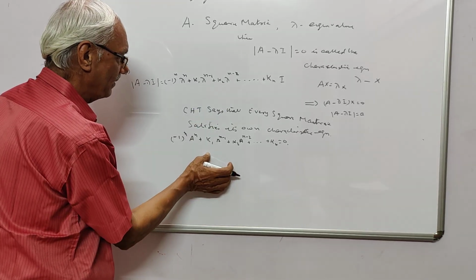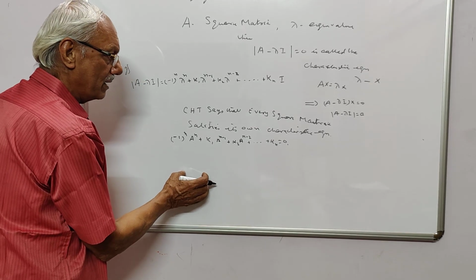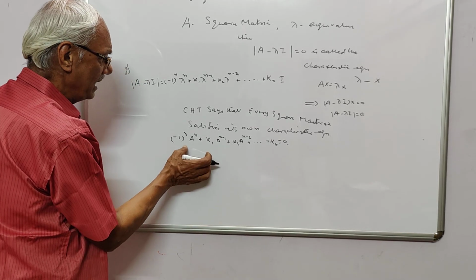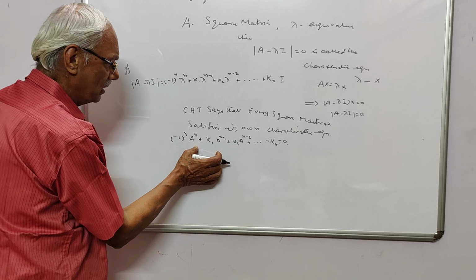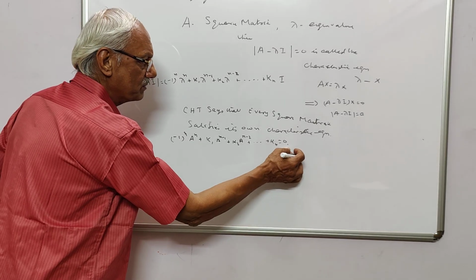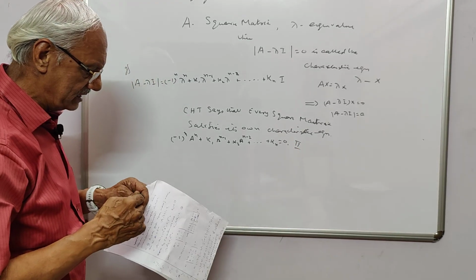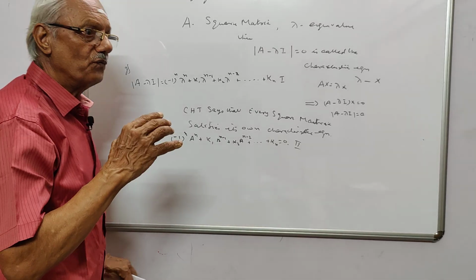So that is what I have written. As per the theorem of Cayley Hamilton, it is minus 1 to the power of n into A to the power of n plus k1 into A to the power of n minus 1, and so on, that must be equal to 0. Call this as 2. I am going to verify this.